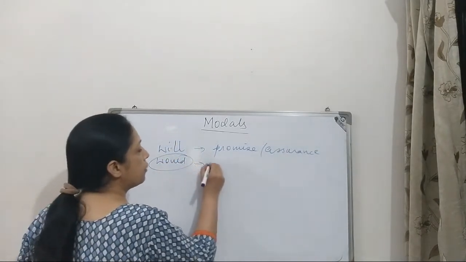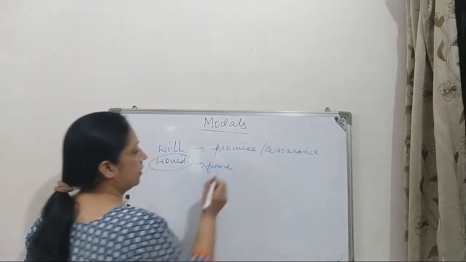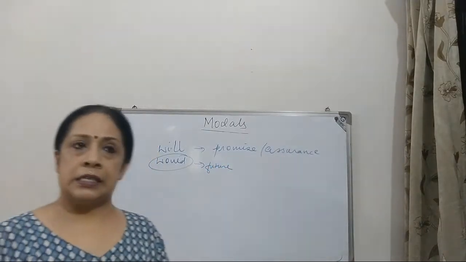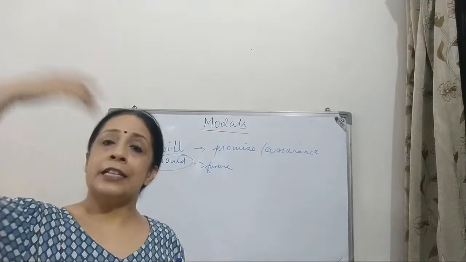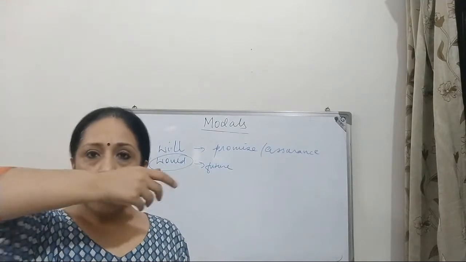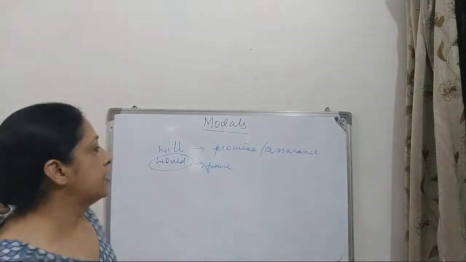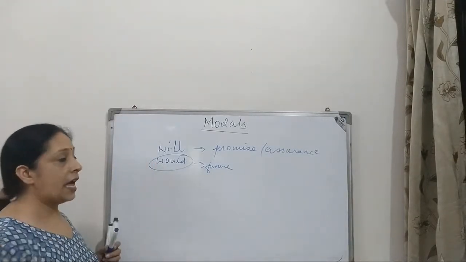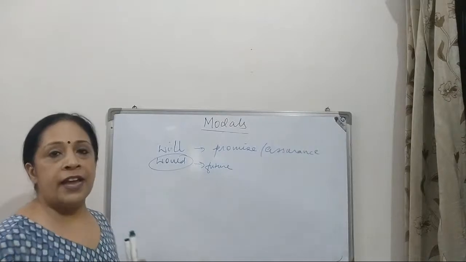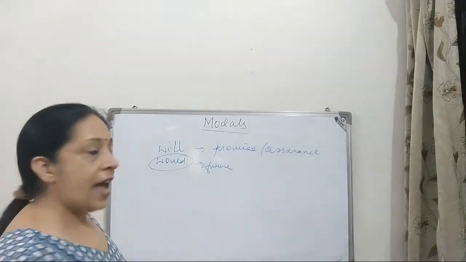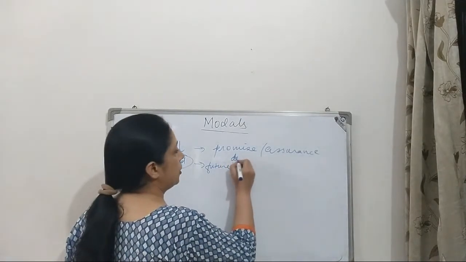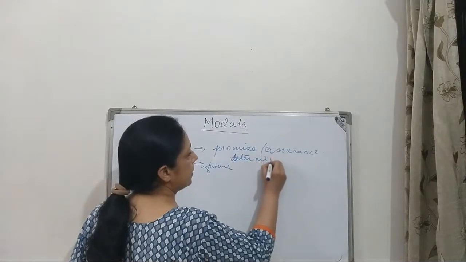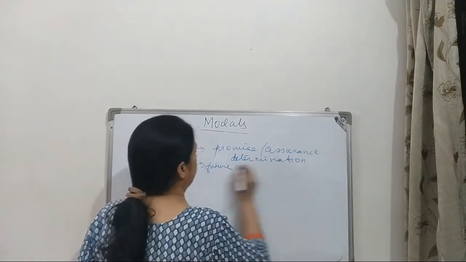Would is usually used for the future, with things that have not taken place and we think that it would happen. So that is for I would do it in so and so place. I would speak German when I go to Germany. And this is for determination also. Yes, the second is determination.